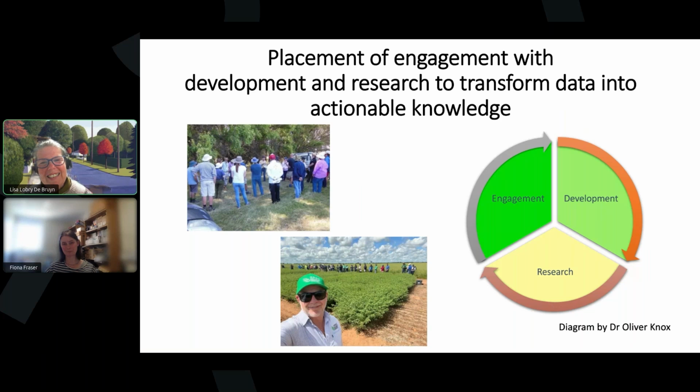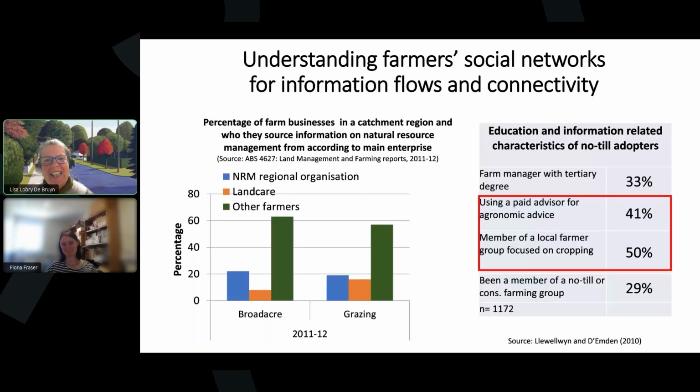Oh, next slide, please. Sorry. I keep forgetting I've not got control. Yeah. And the other one is really that social network. So how is information going to be connected to various audiences? And where do they get their information from, which is important to consider. And these two, this graph and the table, show you people that are adopting minimum tillage and what characterises them.